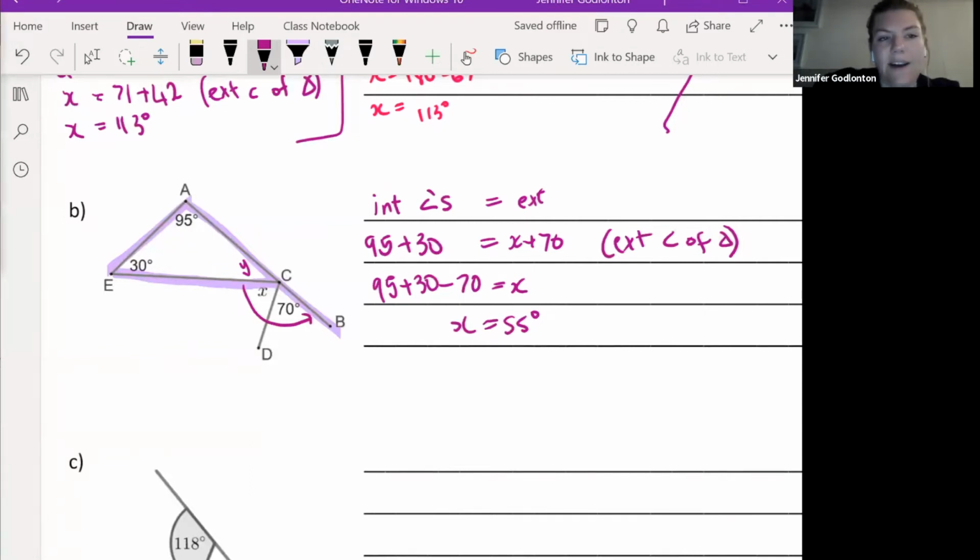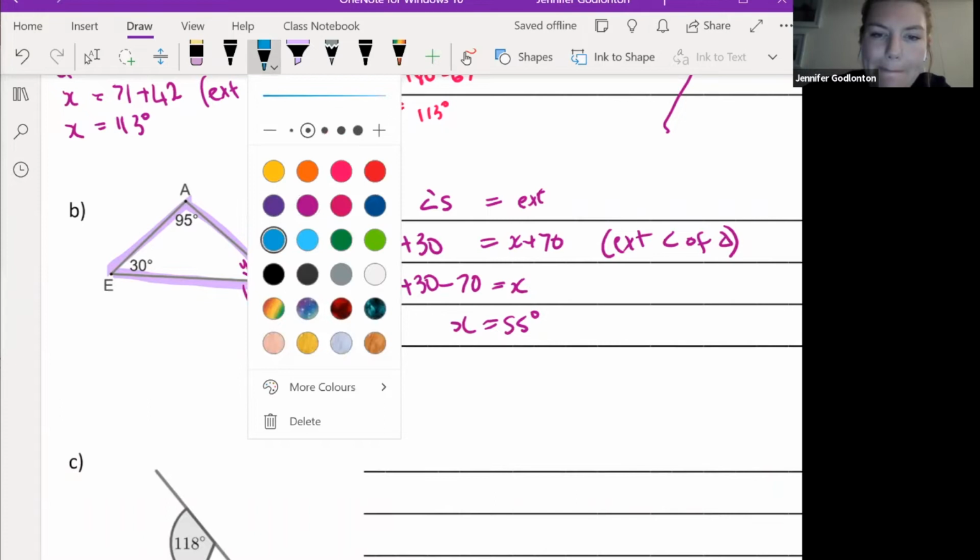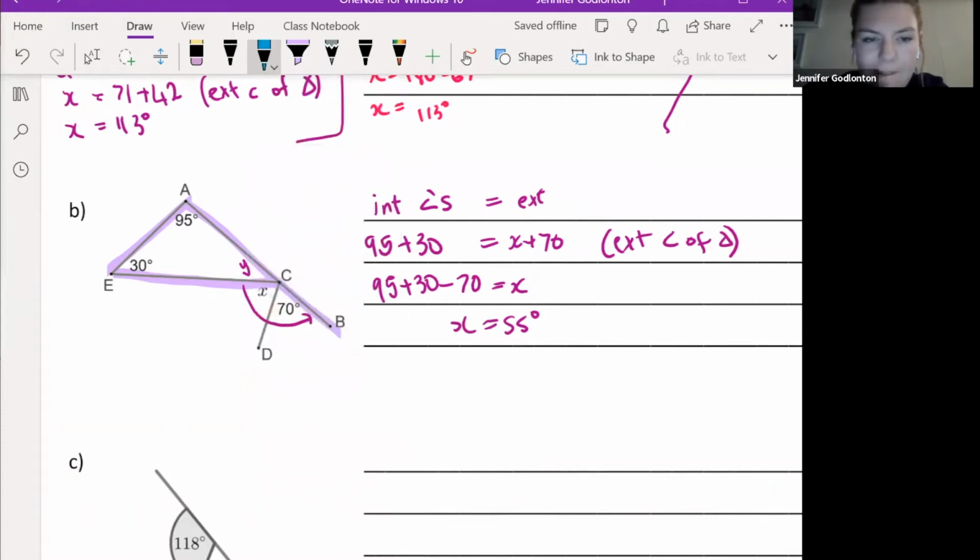Okay. Fatu, how can I help? Ma'am, I wanted to explain to you how I did mine. Yeah, sure. I'd love to hear. What did you do? Ma'am, I said 95 degrees plus 30 degrees plus angle ACE is equal to 180. Yeah, and what was your reason? Sum of angles in a triangle. Yeah, perfect.